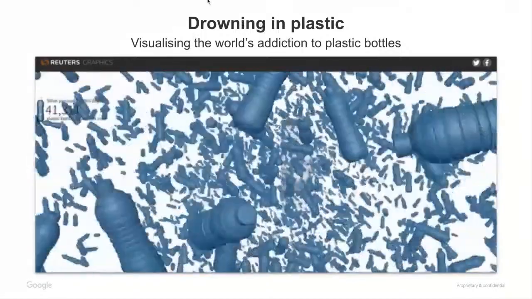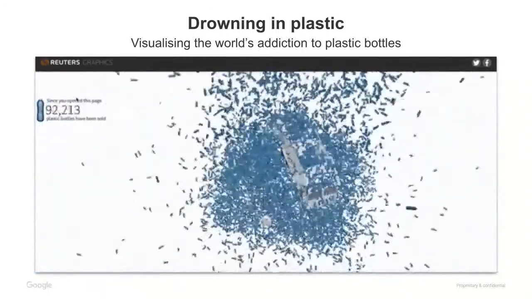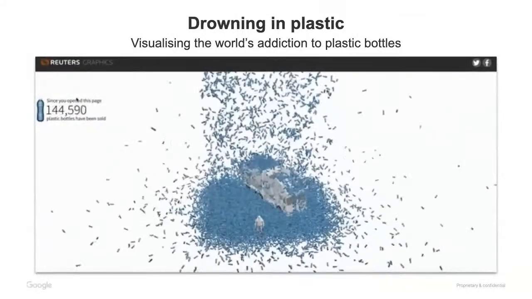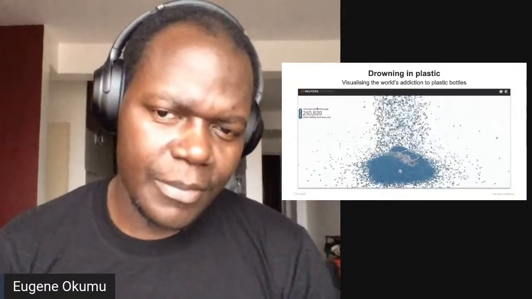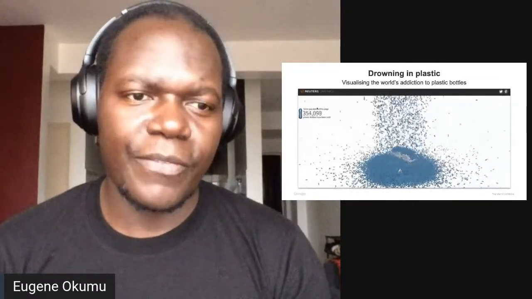Right, so as we get into it, as I've mentioned, today's session is going to be on data journalism. And as we're aware, the delivery of news has changed in subsequent years, and it's no longer just text and image heavy. We're also looking at instances where we have animated elements to news stories, such as what we're looking at on screen. This is a visualization by Reuters that shows how the world is drowning in plastics, and how a lot of manufacturers are creating plastic content that then ends up choking our ecosystems.